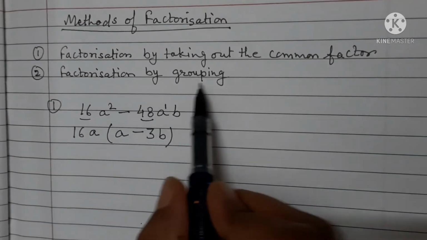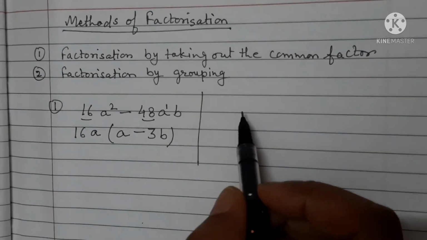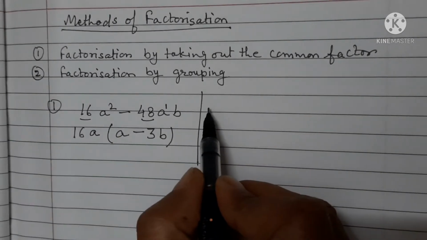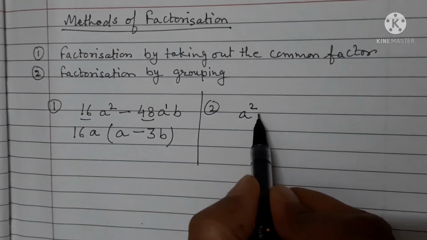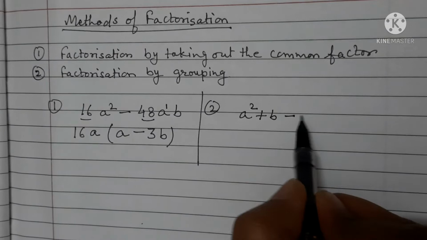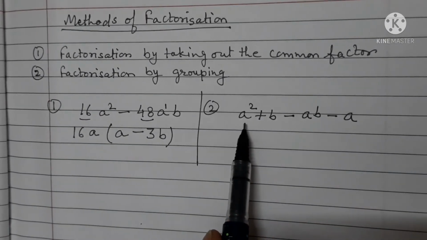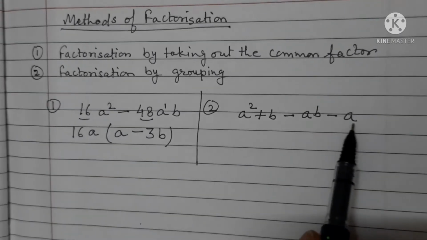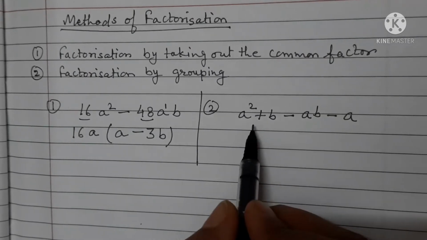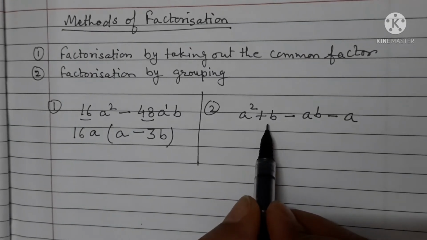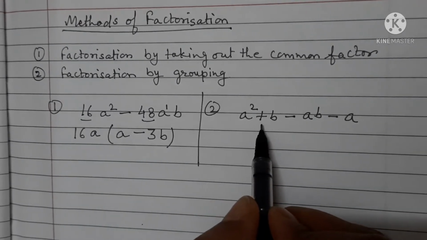Second, factorization by grouping. Take an example. Suppose here I am writing an example: a square plus b minus ab minus a. When you can't take any common factor from each term, then we make groups so that we can take a common factor, and see how to do it.